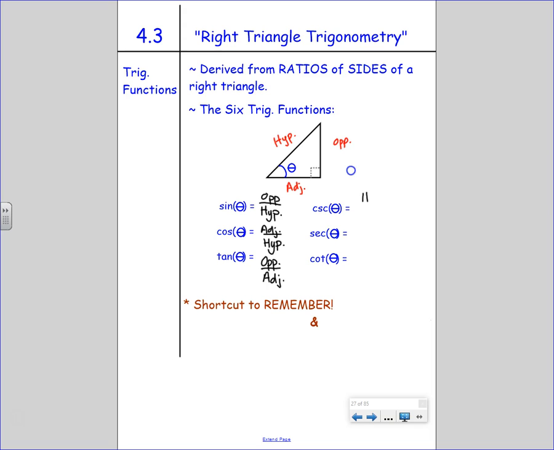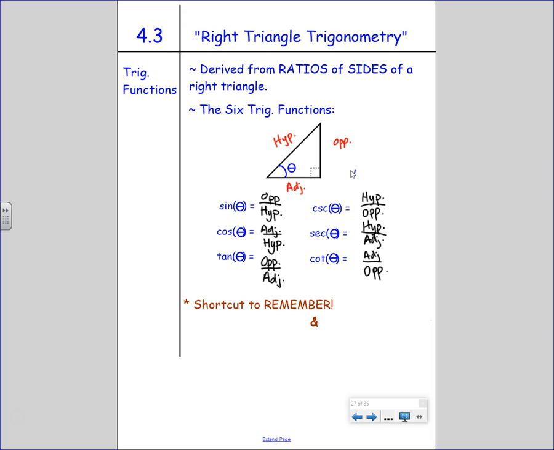Opposite means an opposite sign. CHO: flip sine for cosecant. Secant, flip cosine, hypotenuse over adjacent. They're all reciprocals. And cotangent, adjacent over opposite.